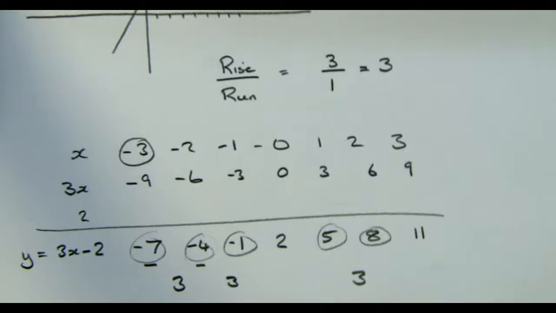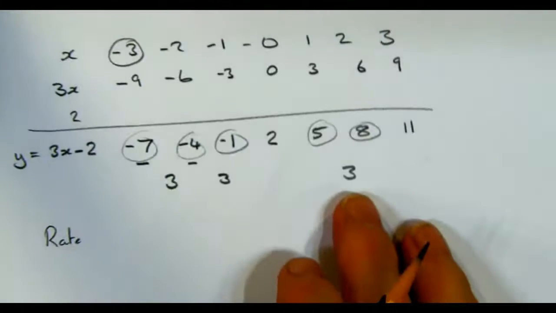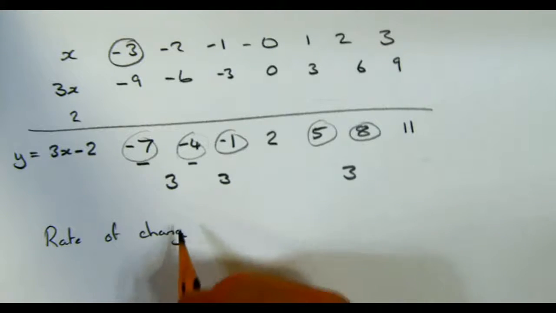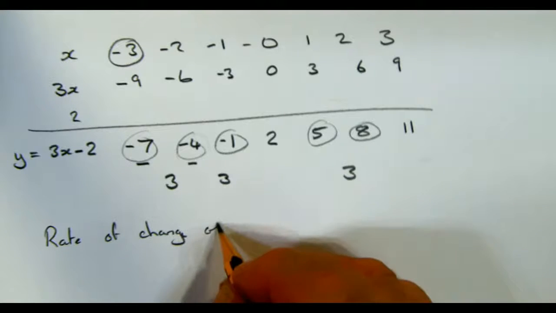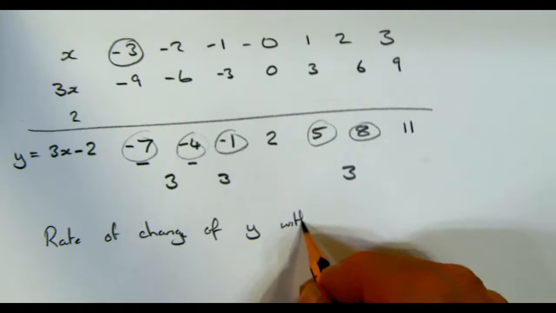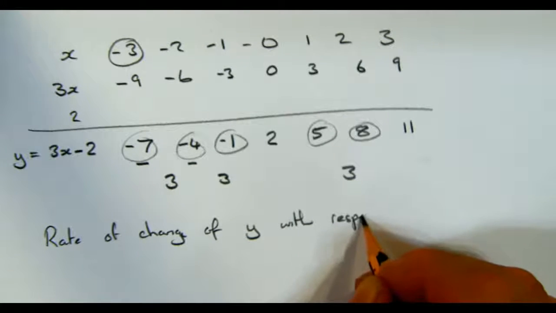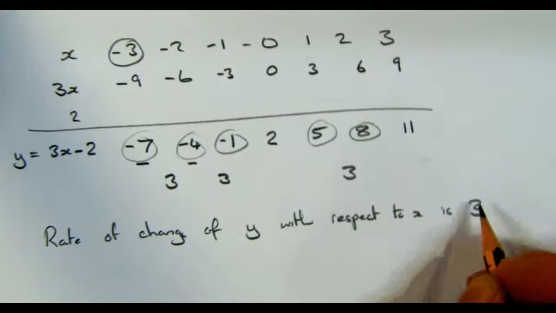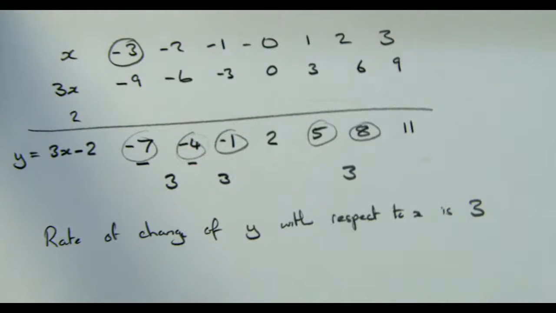And we'd say that the rate of change of y with respect to x is 3. And we can see that the gradient of the straight line is the same as the rate of change of y with respect to x.